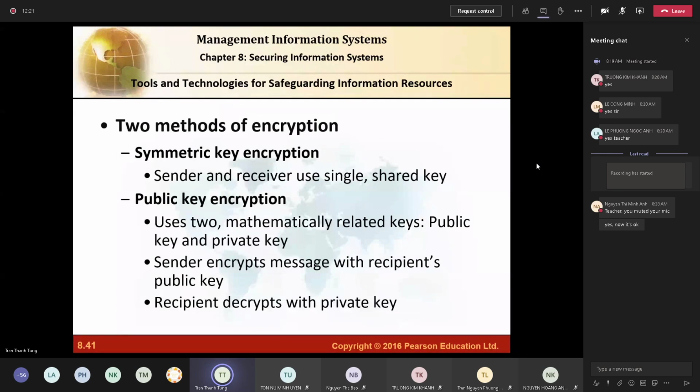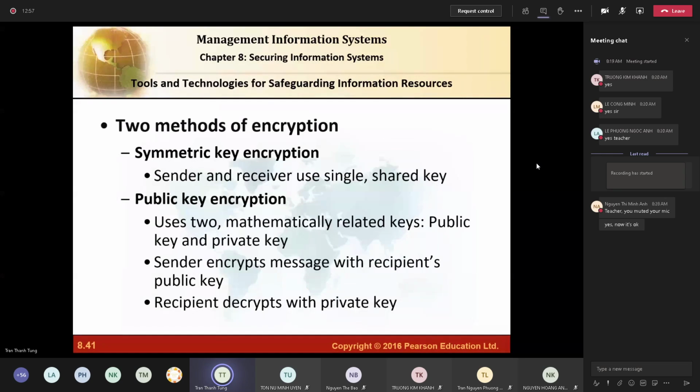Now people came up with the idea of using public key encryption. That mechanism is quite special. In public key encryption, we have two keys. One we call the public key, another one called the private key. By the name you can imagine that the public key is the one that can be publicly shared with everyone. The private key is the one that should be kept secret by the owner of the key.